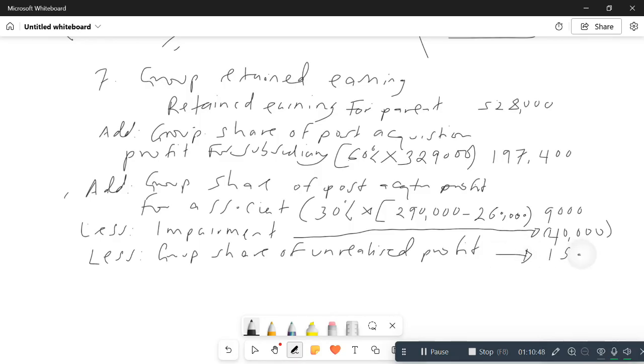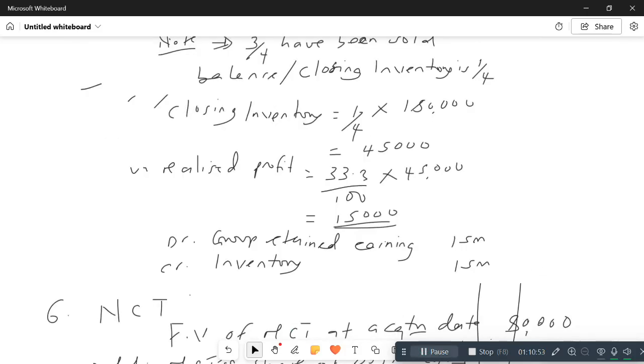If you want to see this, the 15,000 is here. We calculated it already. And we said we shall debit group retained earning and we credit inventory. That's why we are under group retained earning working and we are subtracting the 15,000, which is unrealized profit.